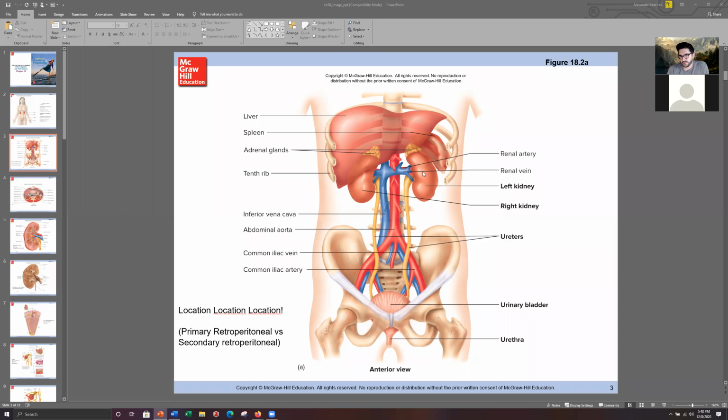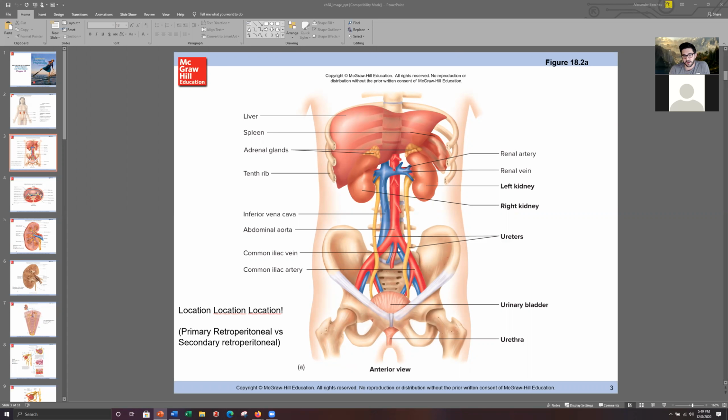Now, it's also kind of interesting too, and this is more anecdotal, but the position of the veins relative to the arteries is actually flipped from how it is in the rest of the body. Most of the time, the arteries sit on top of the veins, like we can see down here with our common iliac arteries.